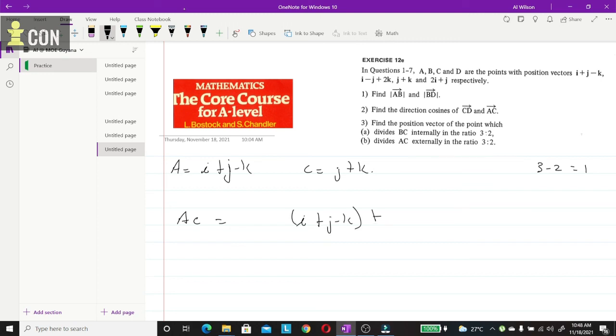I have my plus sign, I'm going to leave a space, and I have J plus K. They're going to be divided by 3 take 2, which is going to go here. Now, notice we have a change in the sign. So this minus 2 is going to go in front, and the 3 is going to go behind.